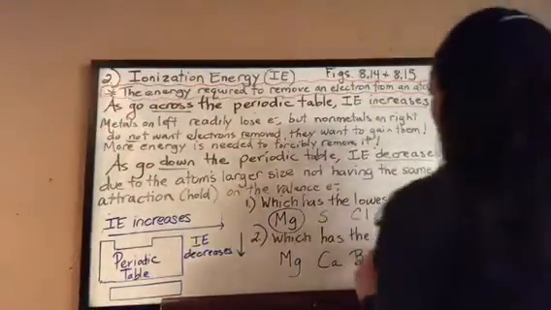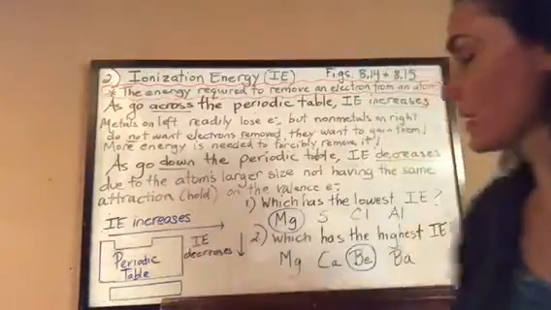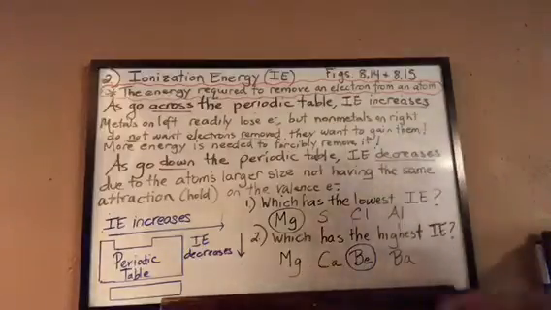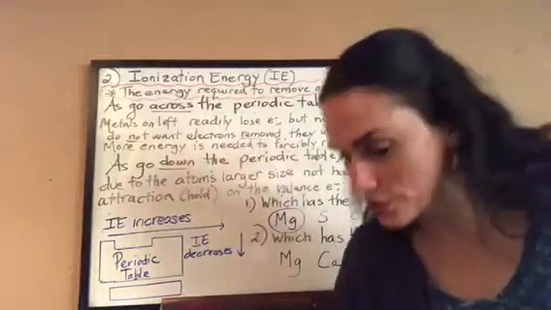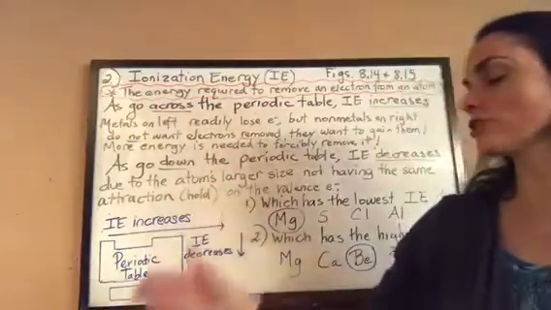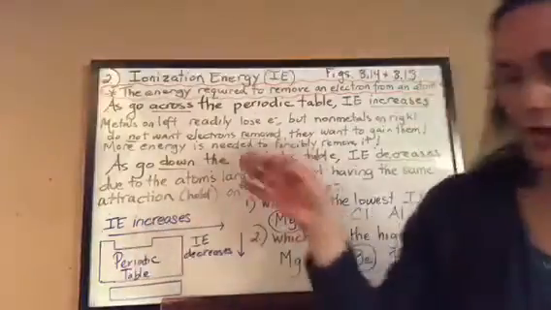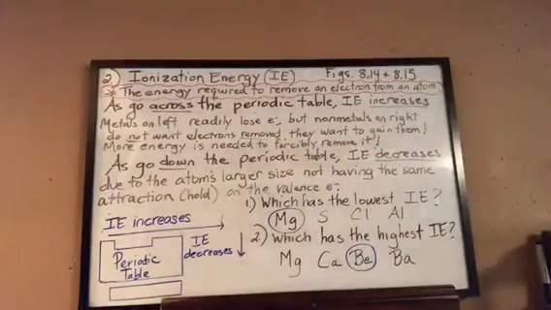Okay, so the highest ionization energy, beryllium, is up here at the top. Ionization energy decreases as you go down. The atomic size increases, so the ionization energy decreases. You have less of a grip. But that small beryllium has a higher ionization energy.